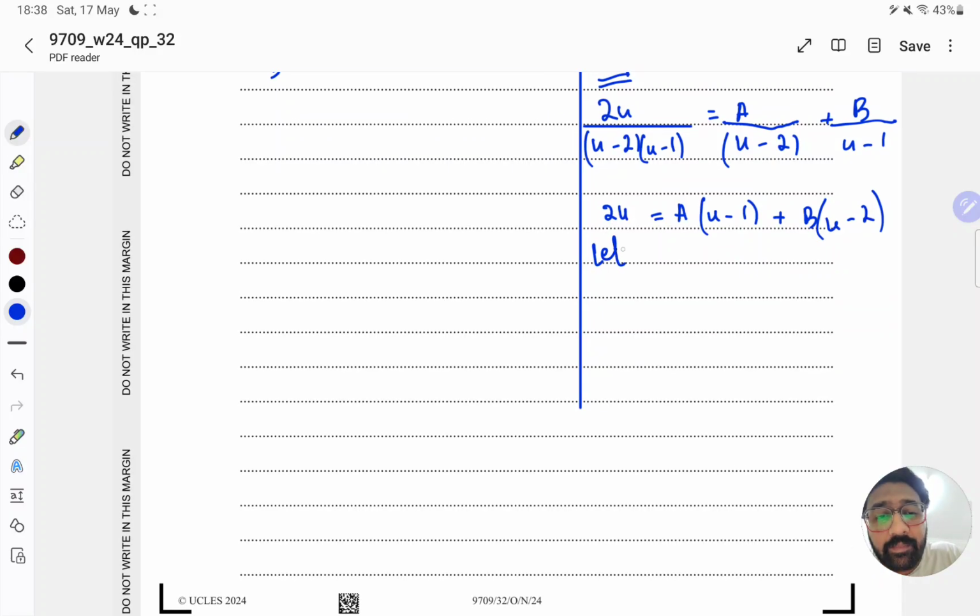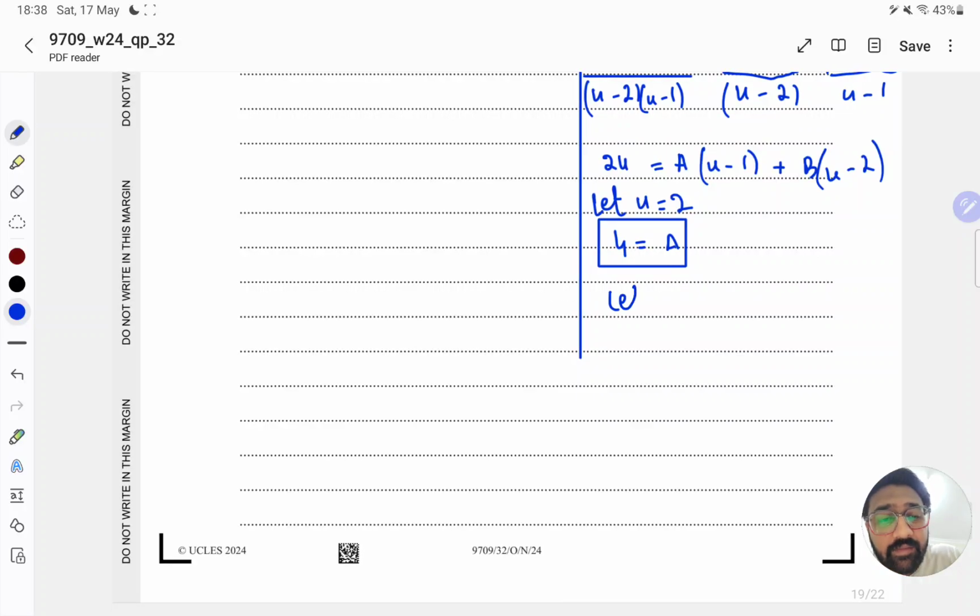In the first step, I'll let the value of u be 2, which will be 4 equals A. This will be the value of A, and then I'll let the value of u be 1. So 2 will be equal to B bracket minus 1. So the value of B will be minus 2.